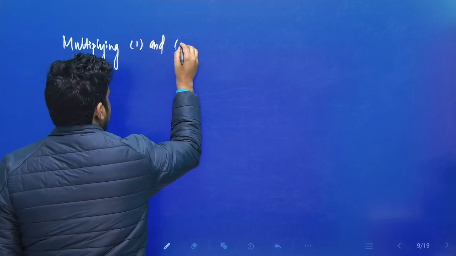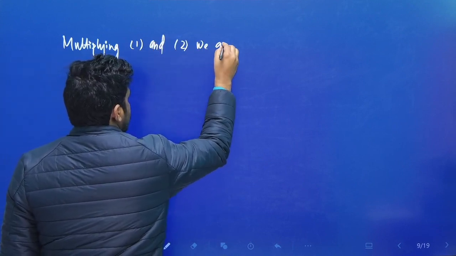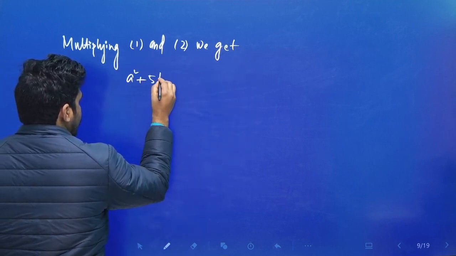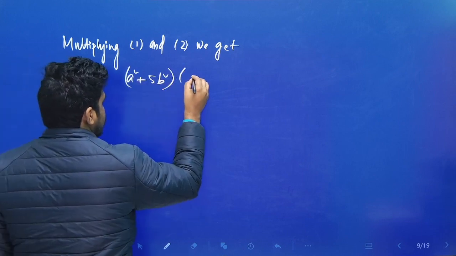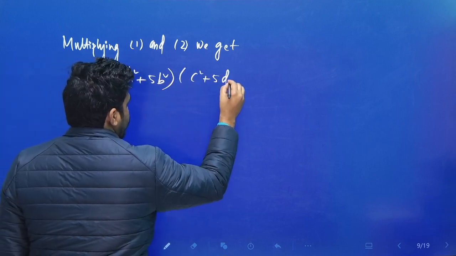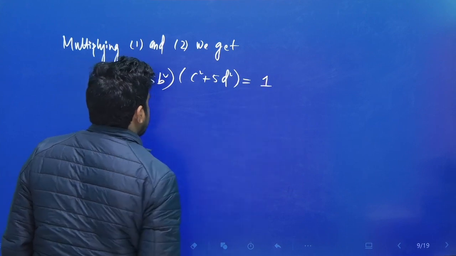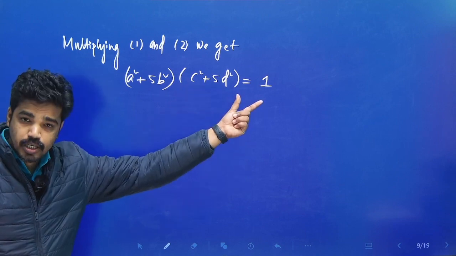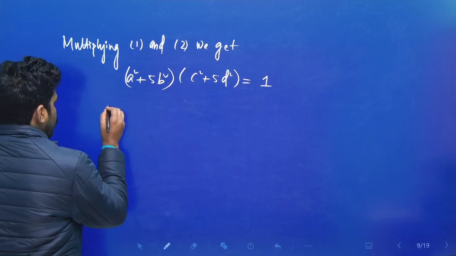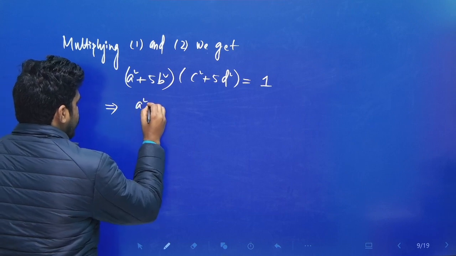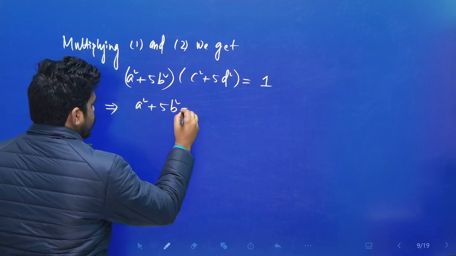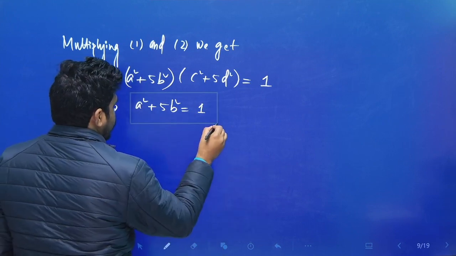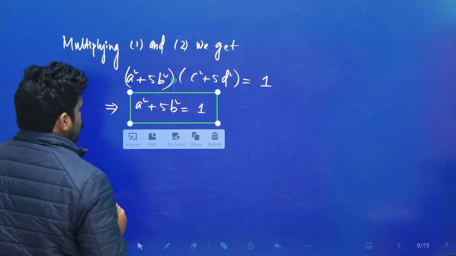So a square plus 5b square into c square plus 5d square is equal to 1. So this implies a square plus 5b square is equal to 1. So we get a square plus 5b square is equal to 1.